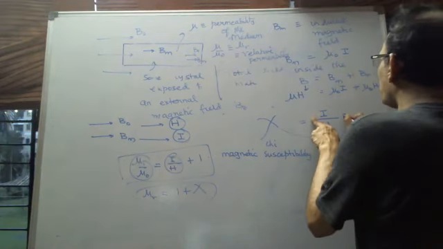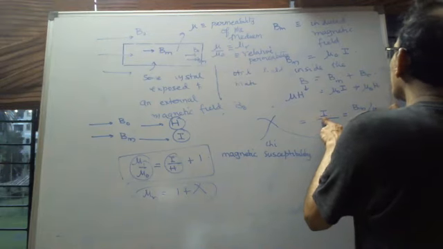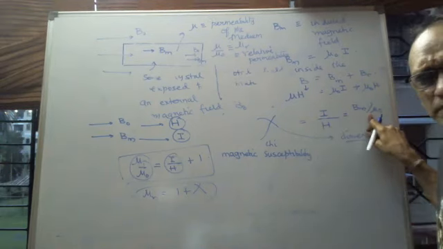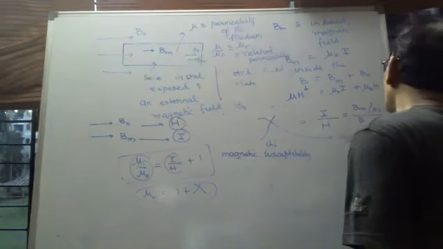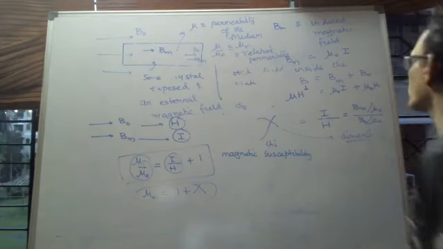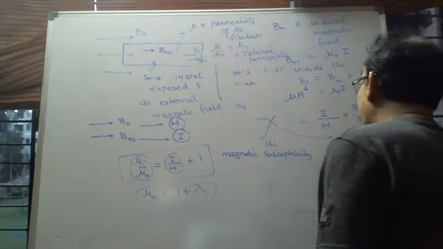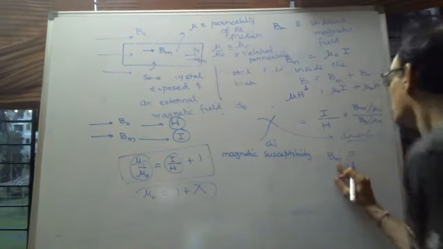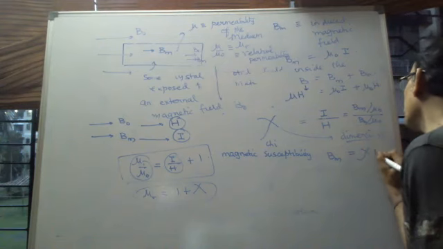We can write I as Bm by mu naught, and H is B naught by mu naught. Their ratio is the susceptibility. So Bm, the magnitude of the induced magnetic field, is B naught times chi.